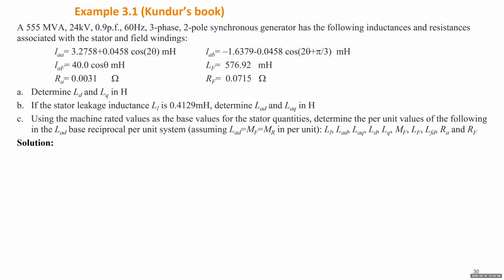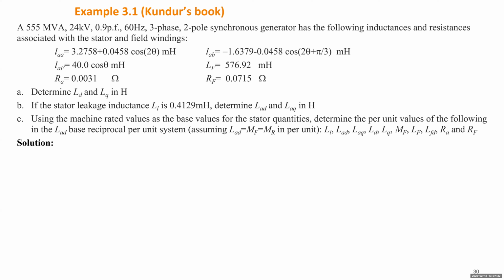This is the power base. And 24 kV. 24 kV typically means line-to-line voltage, in RMS value, the root mean square value. And the power factor is 0.9, 60 Hertz, three phases and 2 poles. 2 poles means this is a round rotor generator.